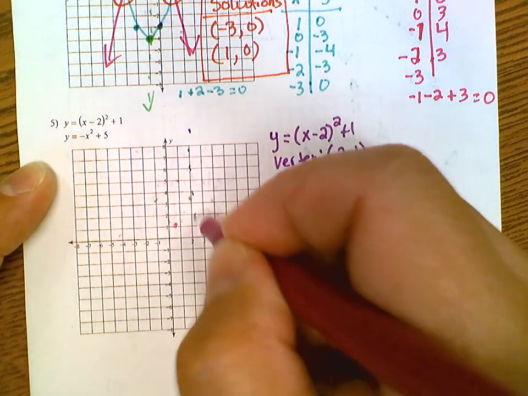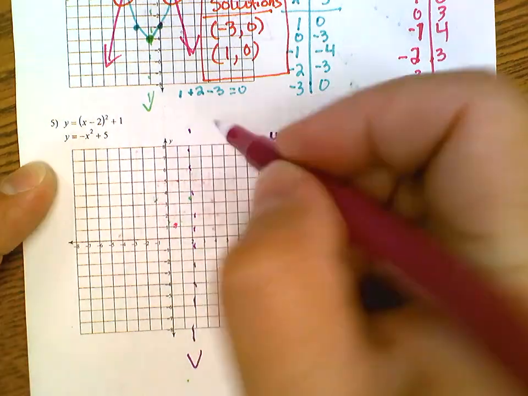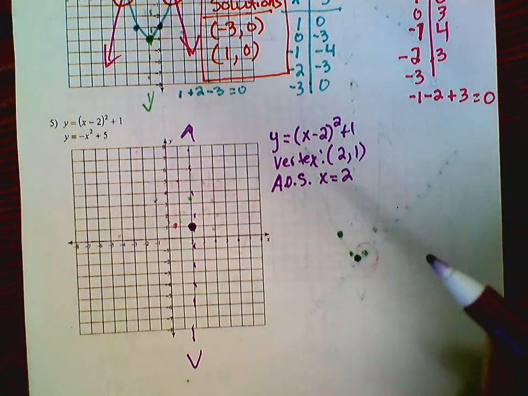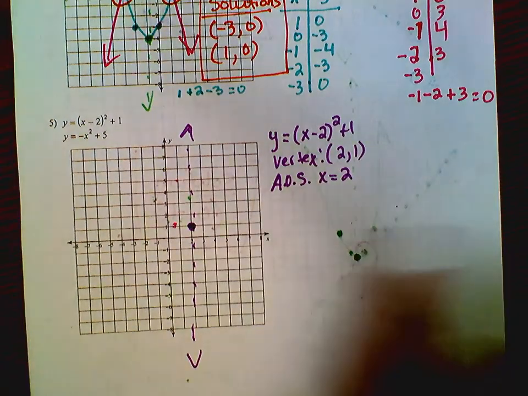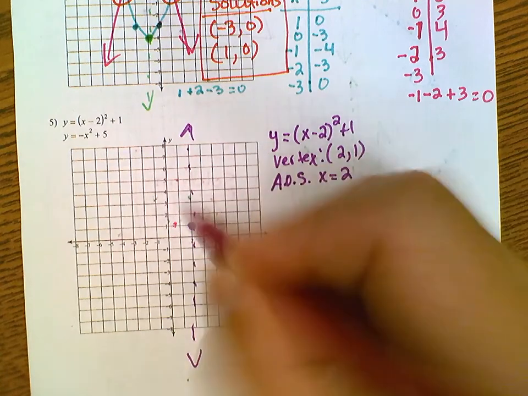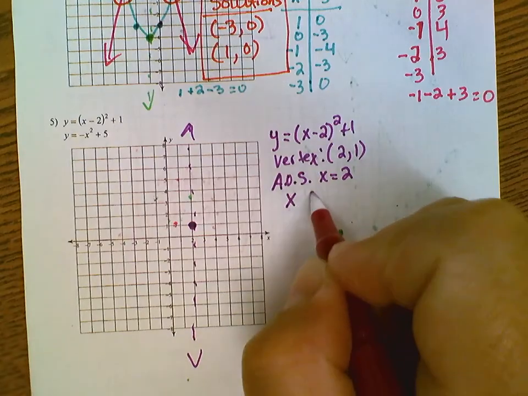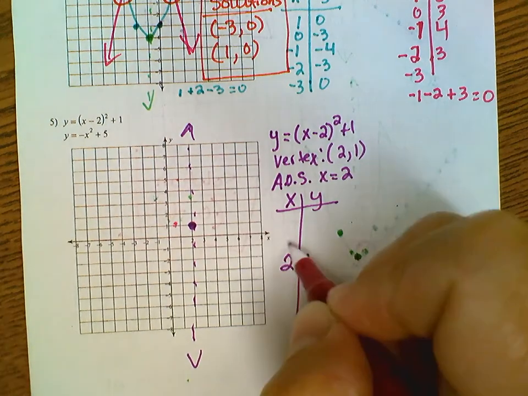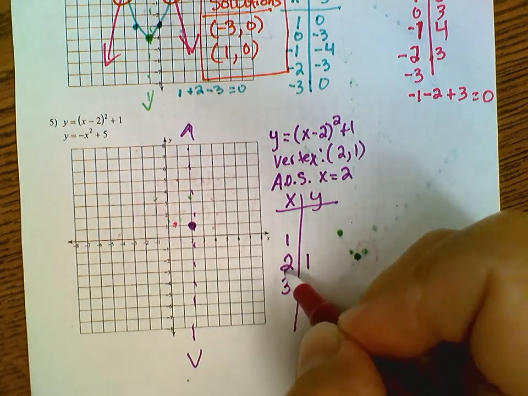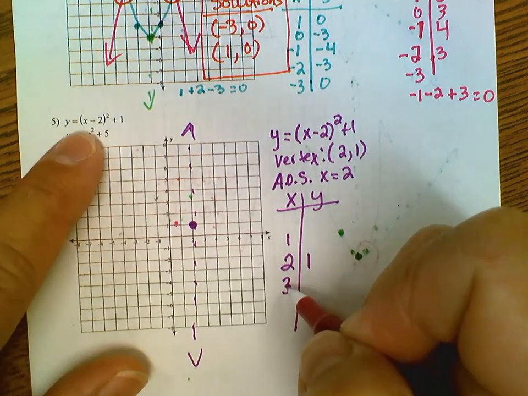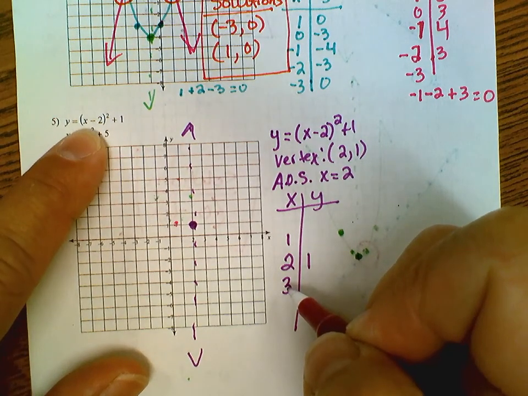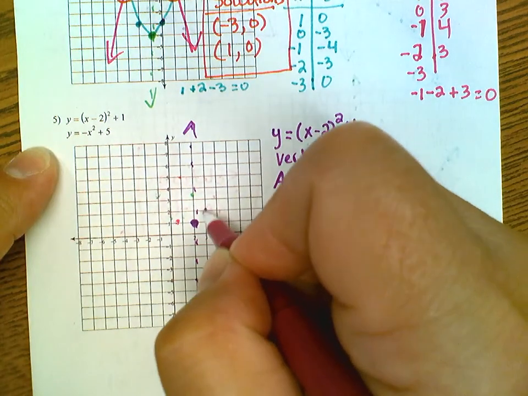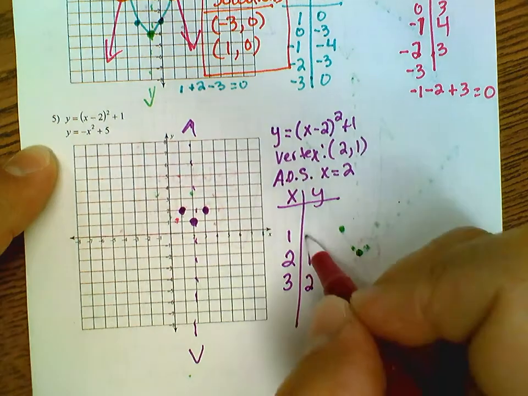So I'll go to 2, and 2, 1 is my vertex, and that's positive, so it's going to open upward. All right, so let me get a couple more points. I'll go to 3. 3 subtract 2 is 1. 1 squared is 1, plus 1 is 2. So I have 3, 2, and I can count the other side.